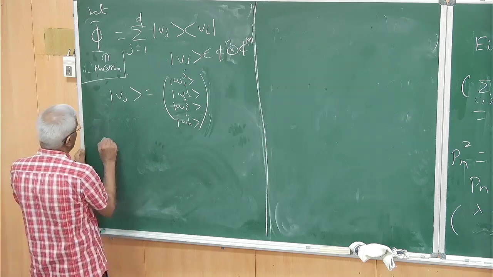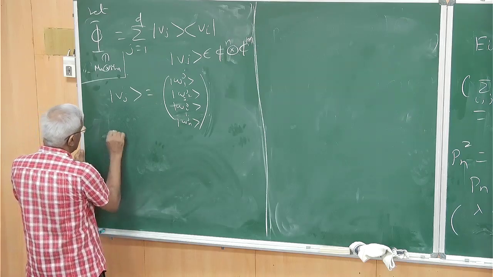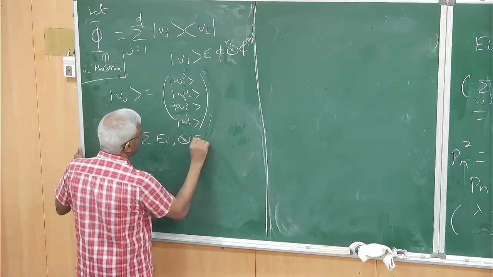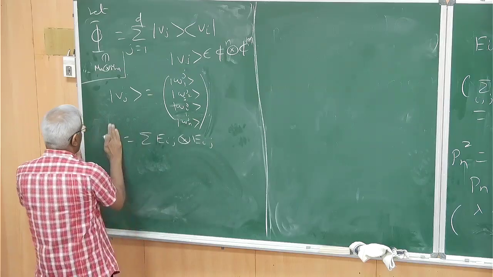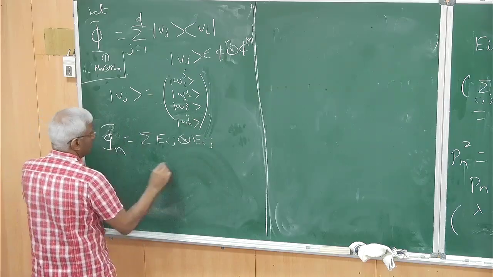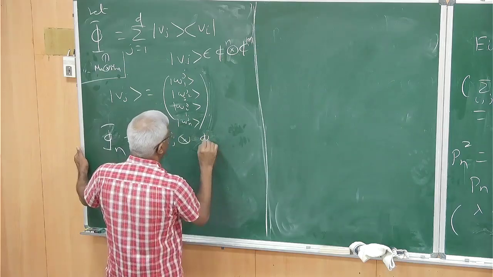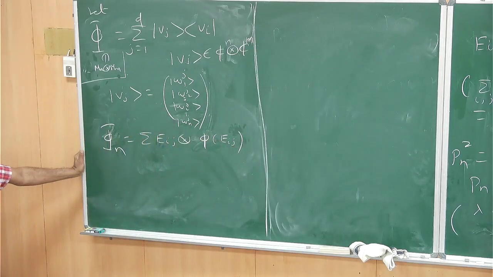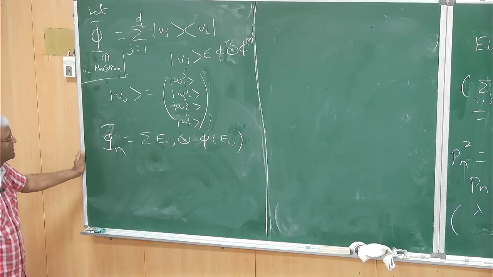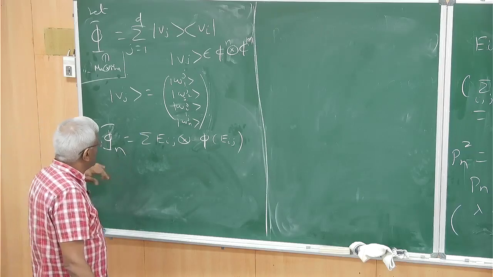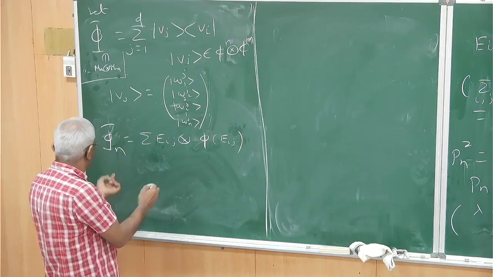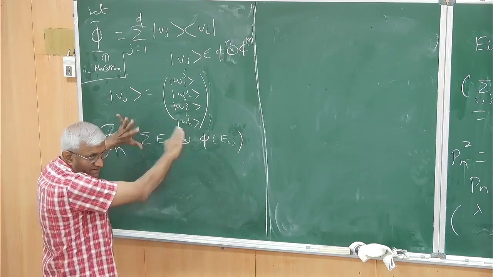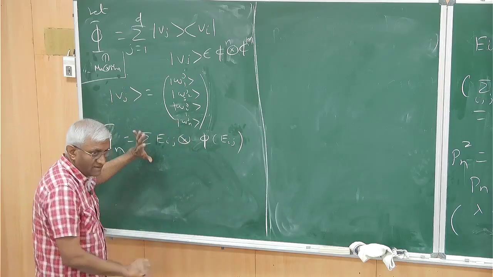So now our P_n is the summation of E_ij tensor E_ij, and our phi_n is going to be phi of E_ij. Phi_n looks like this. We haven't confused the representation; the order, everything, we have maintained.